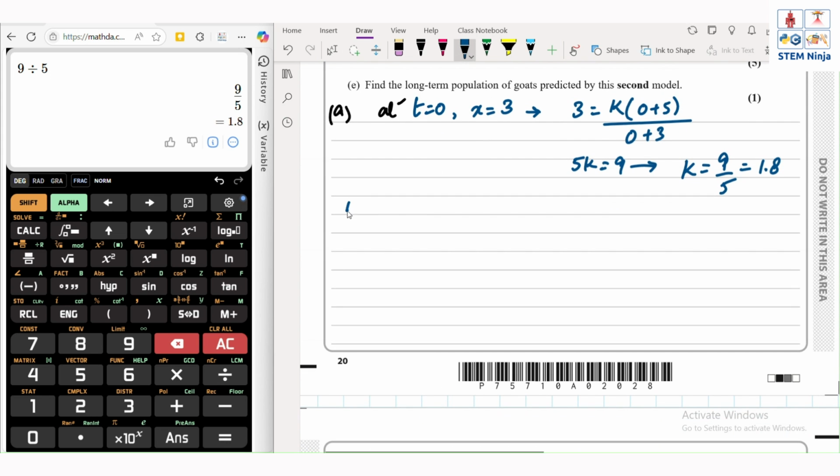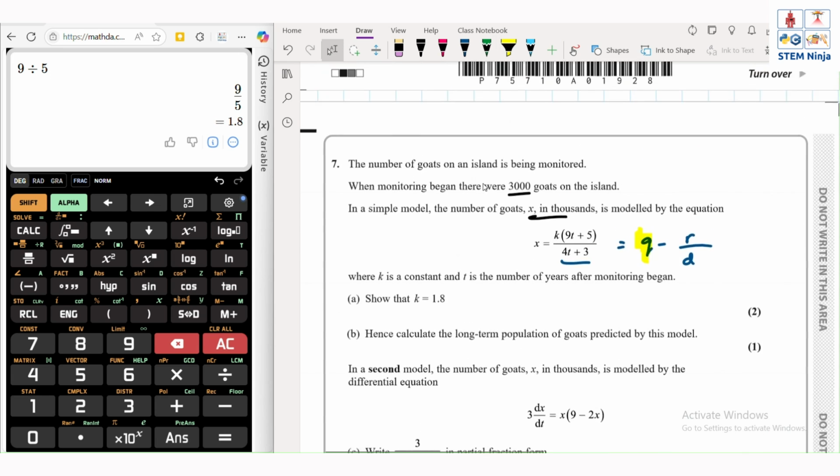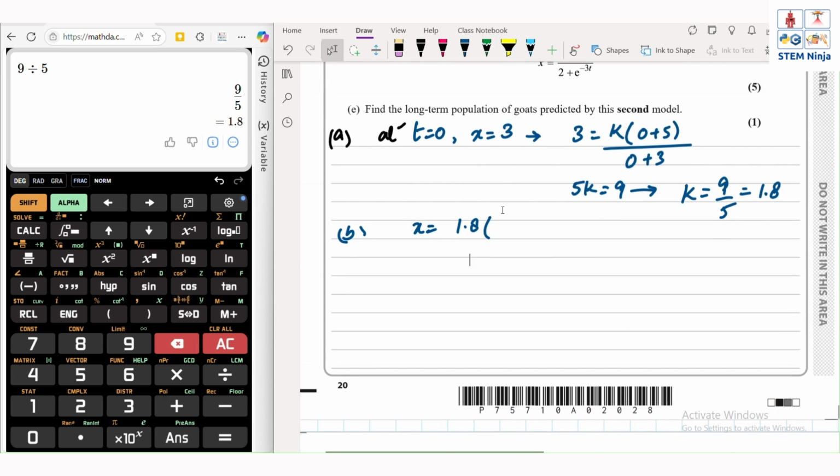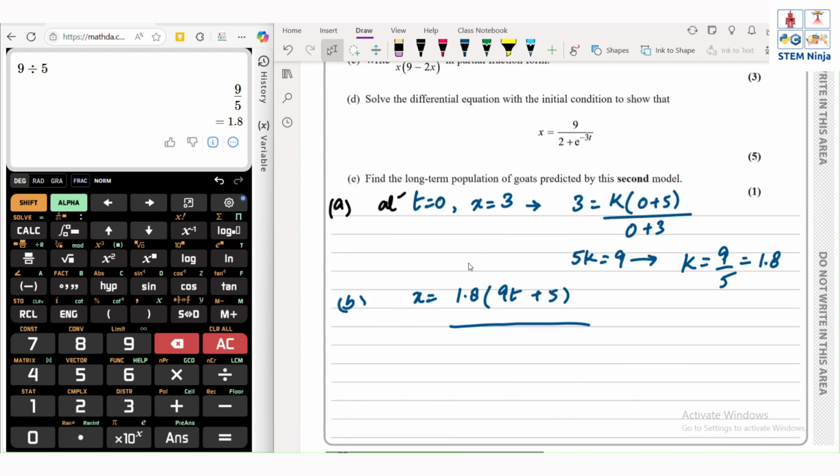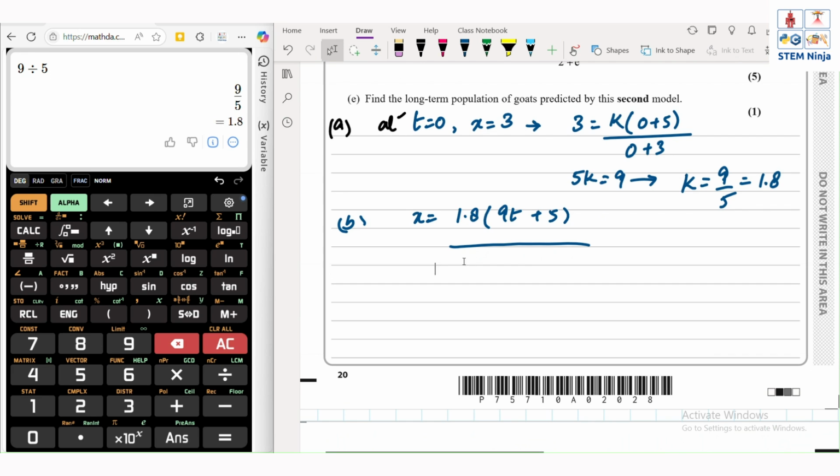So we have here x is equal to 1.8 times (9t plus 5) divided by (4t plus 3). So when we divide by t on every term, sorry, not 3, t.